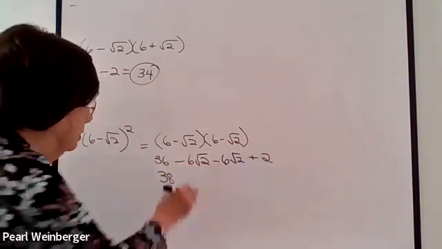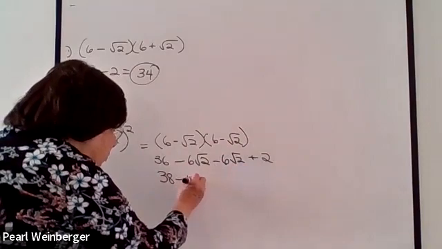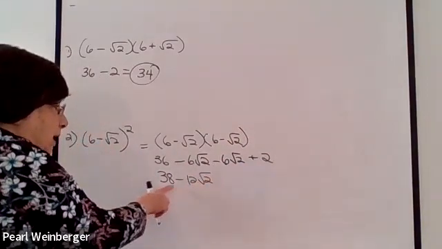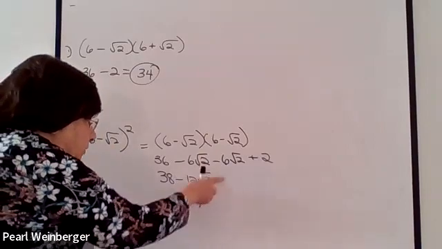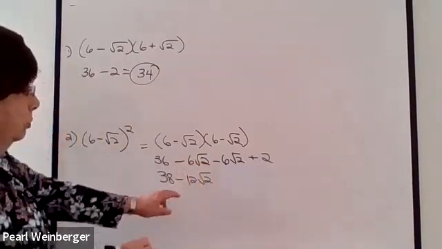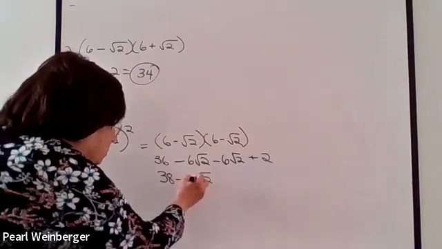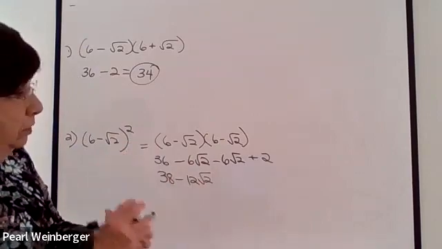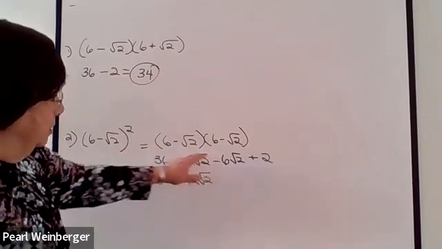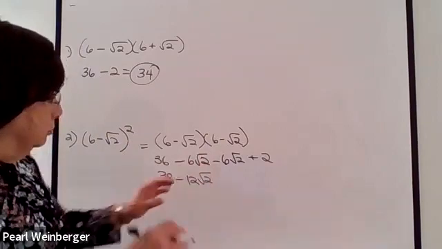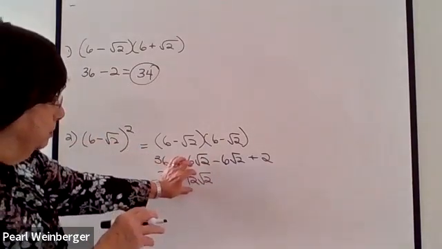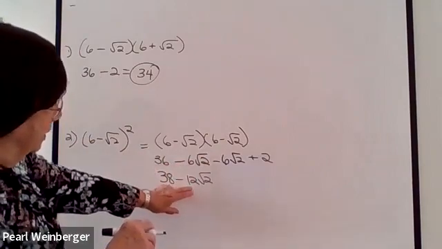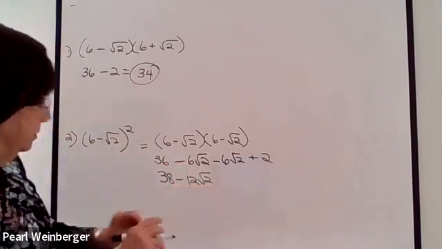Minus 6 and minus 6 is minus 12 radical 2. And you cannot combine this 38 with the 12 because the 12 is attached to this radical 2. These are not like terms. These are not like radicals. This 38 is just a plain rational number. This is a 12 radical 2. You cannot take away that 12 from its radical 2. You can't separate them.